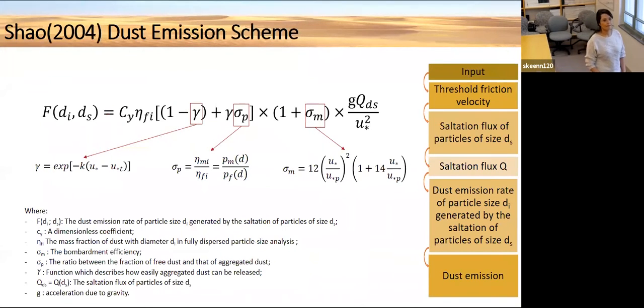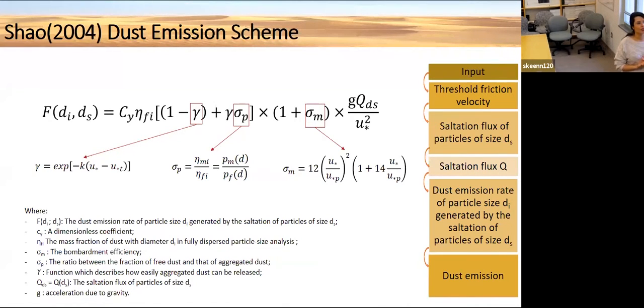So, you can see that table. In that table, I was explaining the structure of the dust emission scheme. First, we have some input for the scheme, and we calculate threshold friction velocity based on that input. Then we calculate saltation flux, and based on these two, we calculate the total dust emission.